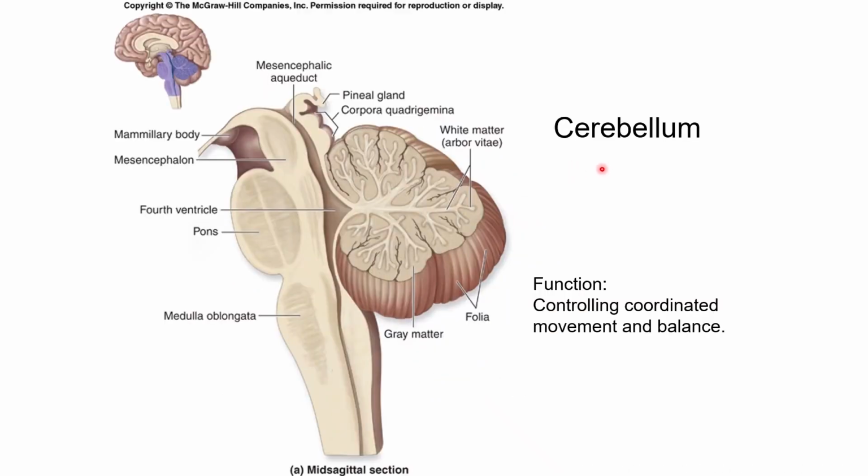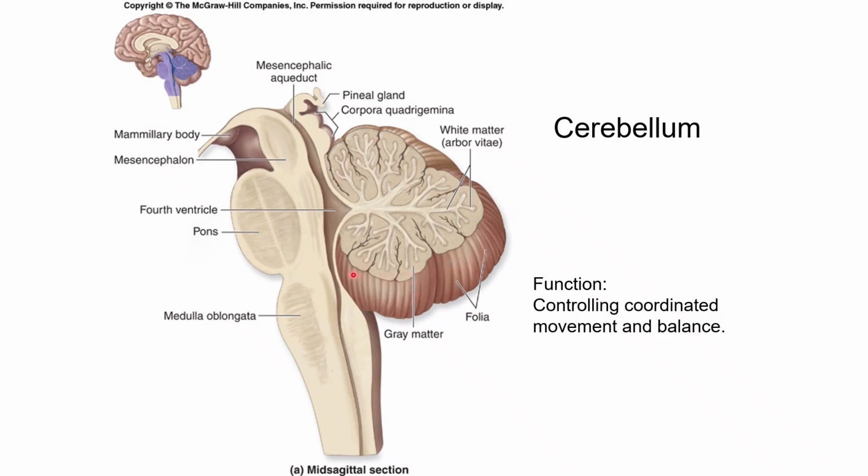The third part of the hindbrain is the cerebellum, the small structure here towards the back side and the ventral side of the brain. This is zoomed in here. This is what it looks like. This structure is involved in control of coordinated movements and maintaining balance in the body. So if you're walking or running, these neurons are being used.